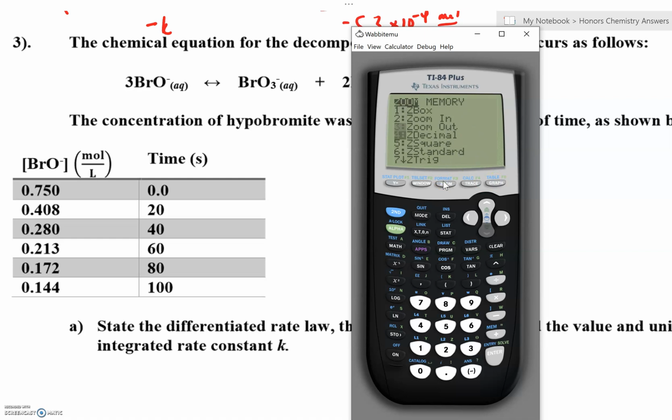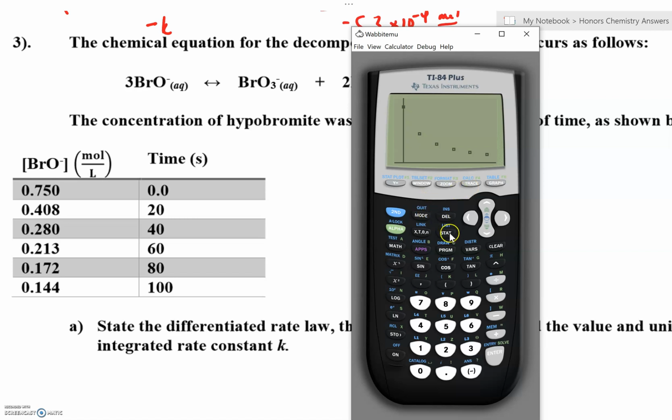Zoom 9. Oh my goodness, that is very much not a straight line. And I don't like that data point, so I'm just going to double check that my data is as it should be. And this one is not. It should be 20. So let's try that again. Much better, but it is not a straight line.